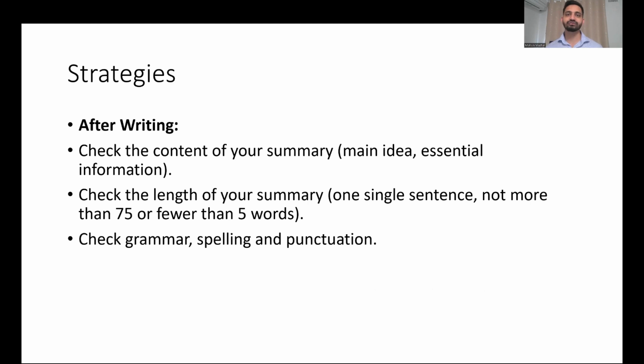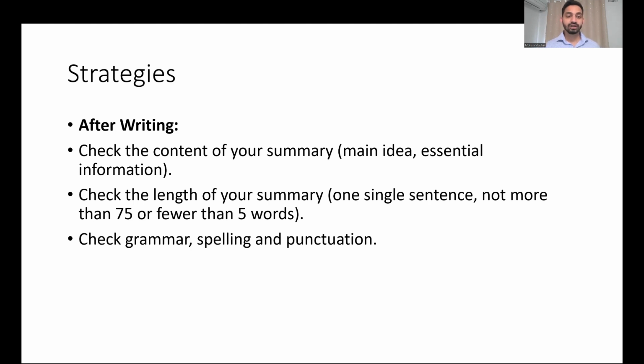And then after you have written, check that the content of your summary has the main ideas and the essential supporting information, without which your summary will be incomplete. So you want to make sure that you have included the main idea at the start, and you've included the essential information.